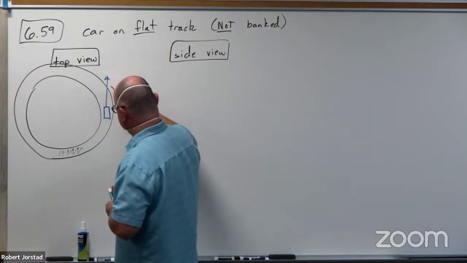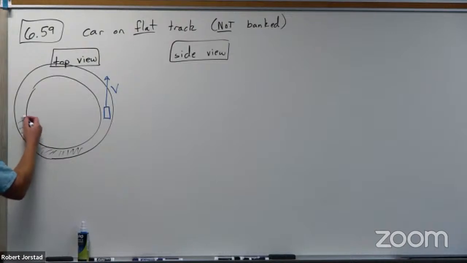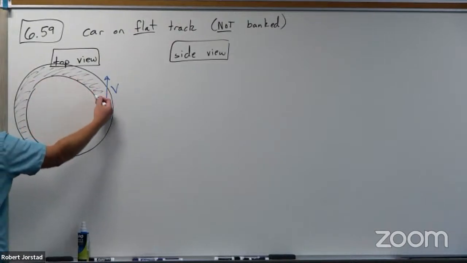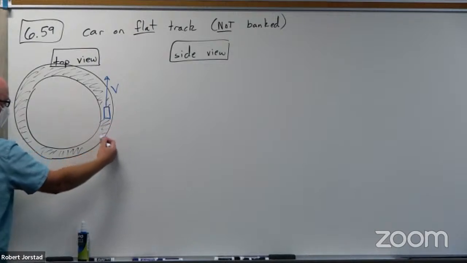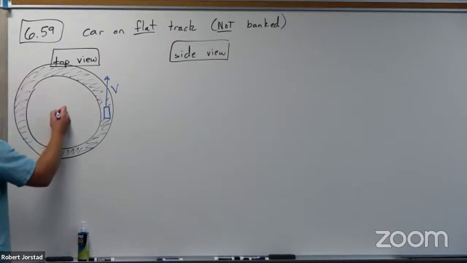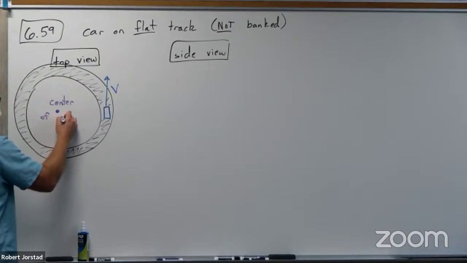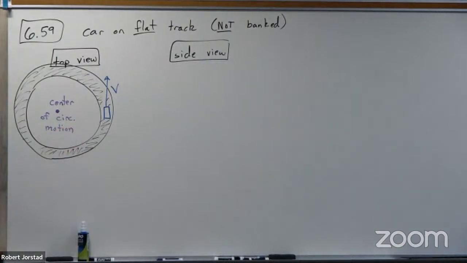It's going this way with some speed v. Center of the circle is right here. So the dot is the center of the circular motion. By drawing this top view, we can get a good feeling for this being a car driving around in a circle. But it's important to also draw the side view.